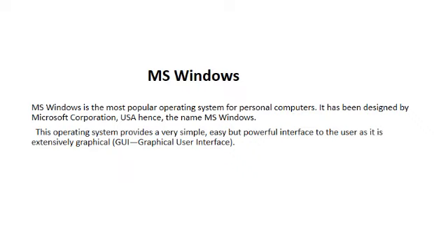Next topic is MS Windows. MS Windows is the most popular operating system for PCs. It has been designated by Microsoft Corporation, USA, hence the name MS Windows. It's easy to understand and use. Most of the features are displayed in the form of small pictures or buttons.